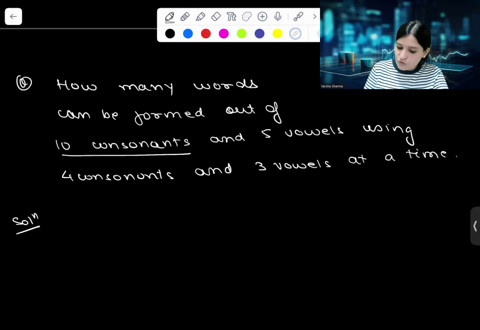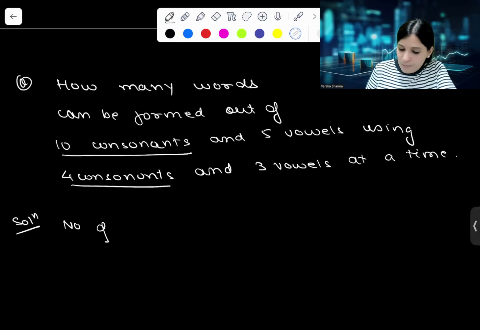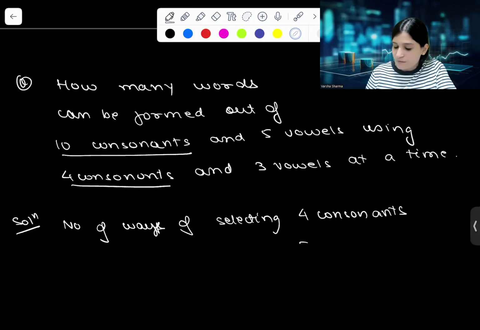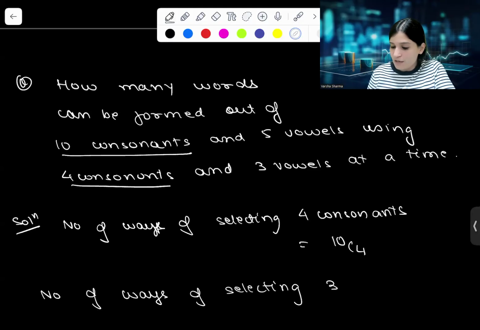So out of 10 consonants, we will first select 4 consonants. Number of ways of selecting 4 consonants: 10C4. Number of ways of selecting 3 vowels.